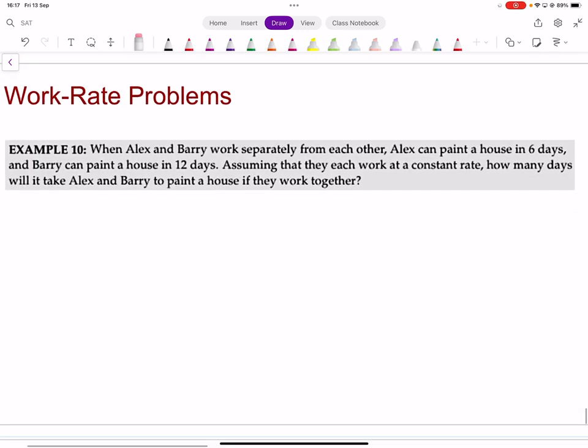Alright, one last problem before we have a break. This is another type of problem. It's called work rate problems. Take 30 seconds, read the question statement, and we'll have a look at this.